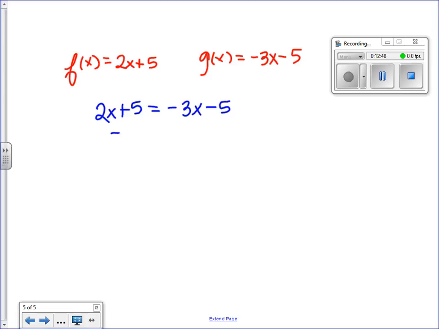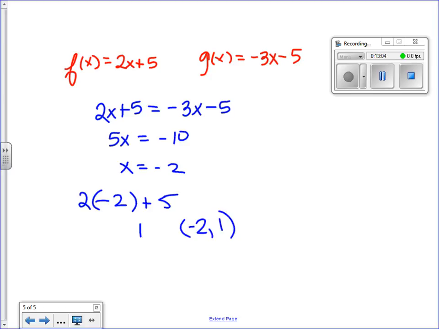And I end up with 5x equals negative 10, and x is negative 2. So let's see, that's negative 4 plus 5 is 1. So this intersects at the point negative 2, 1. Is that what you got? Yes, right. Yep.